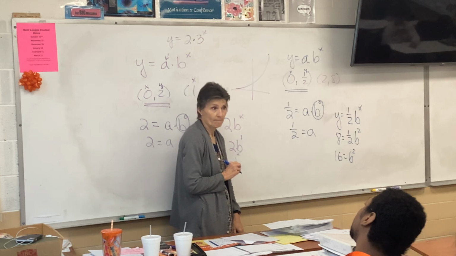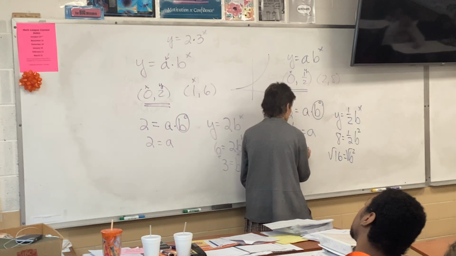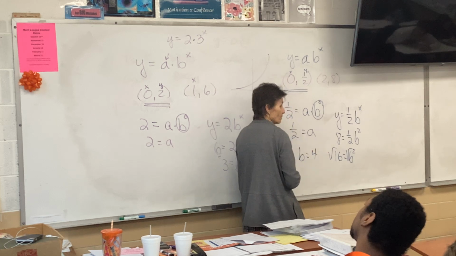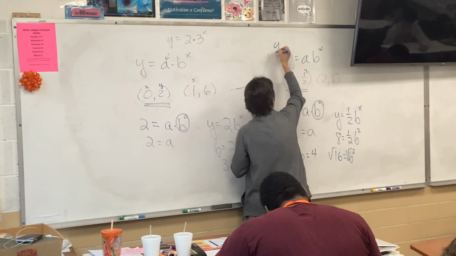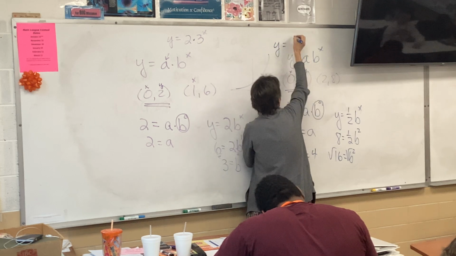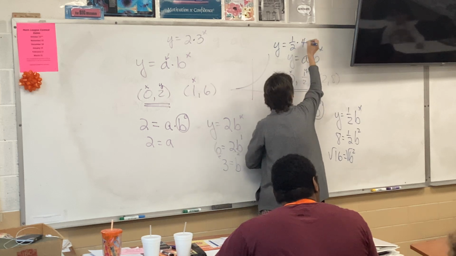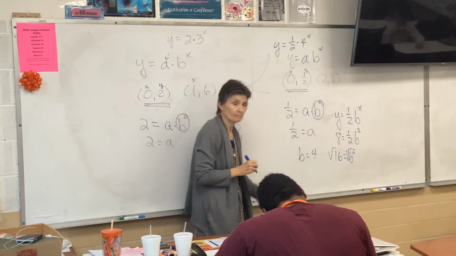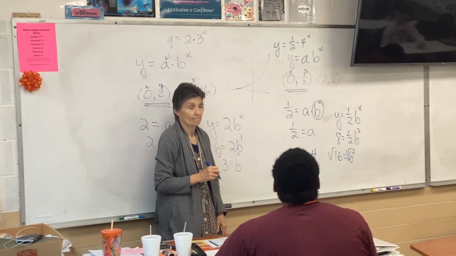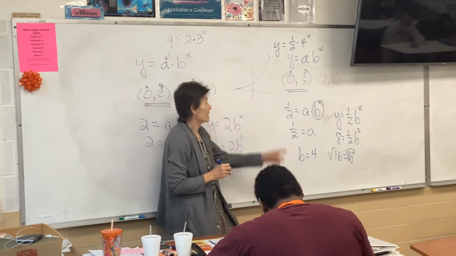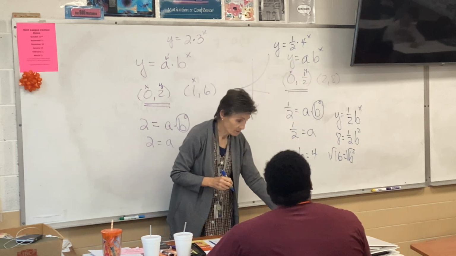And then square root. So b equals 4. And what is my answer then? My equation? y equals 1/2 times 4 to the x. And never combine those, ever. They stay separate. Always, always, always.